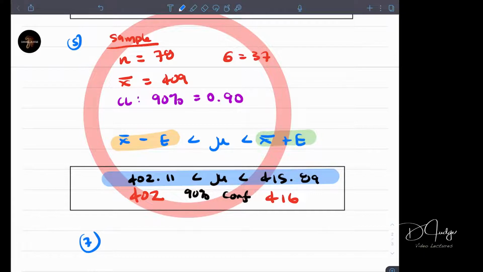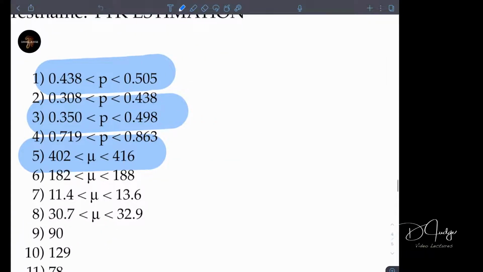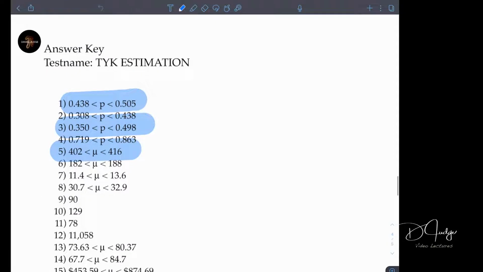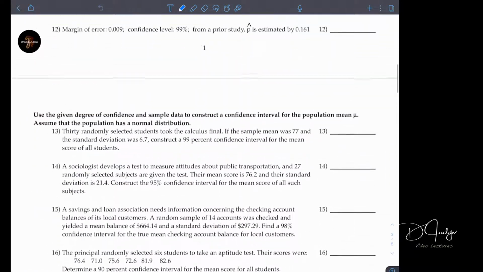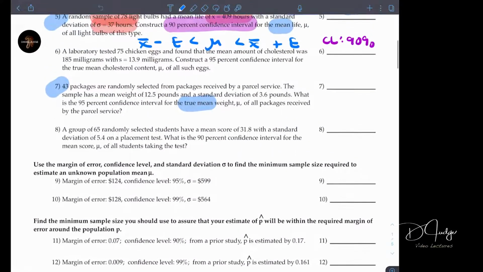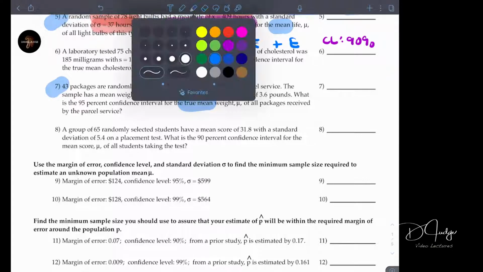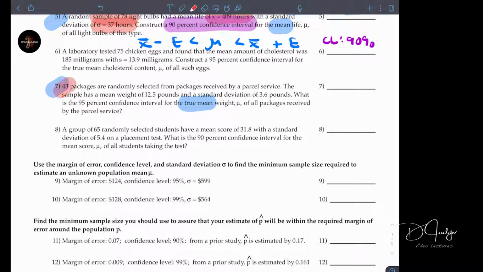We write down number 7 here now. Number 7, final answer to the nearest tenths, by the way. So let's try this one here. Okay, number 7 here. What do they say? 43 packages are randomly selected and received by a parcel service.